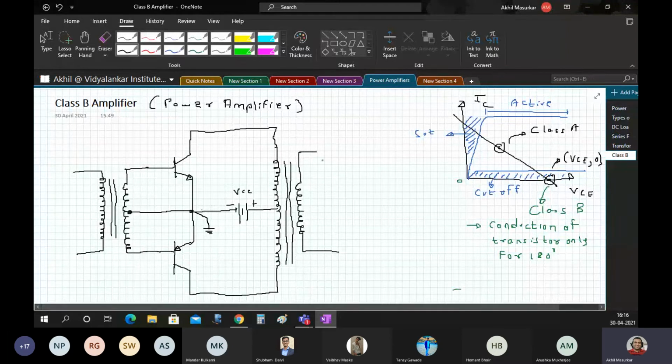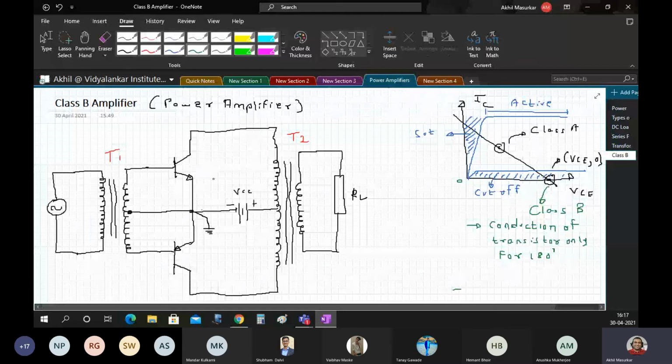So here we will be connecting our load, or you can show a simple resistance RL. So on this side, let me call this as T1, that is transformer 1 and transformer 2.